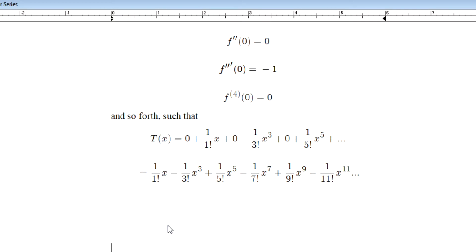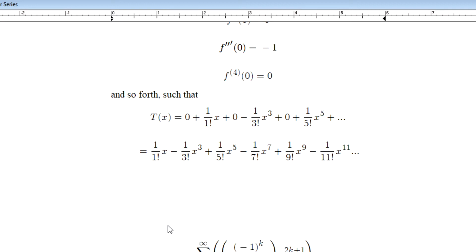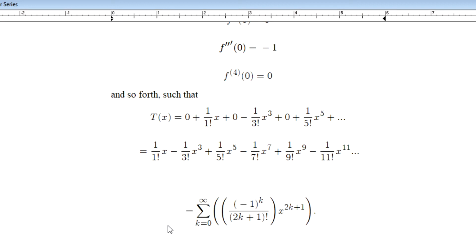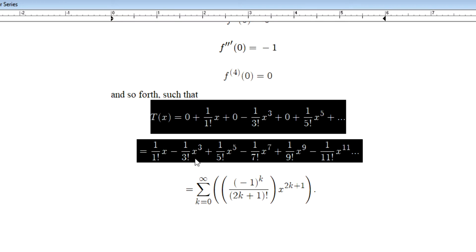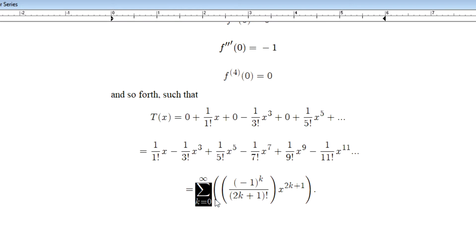If we think about defining that pattern, we might define it this way: for T of x equal to the pattern given above, we could say that's the summation from k equals 0 to infinity of negative 1 raised to the kth power over 2k plus 1 factorial, times x raised to the 2k plus 1 power.